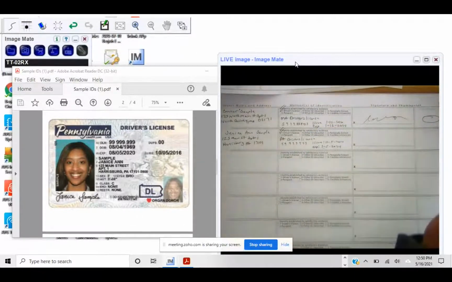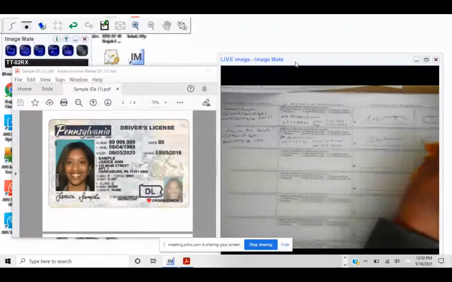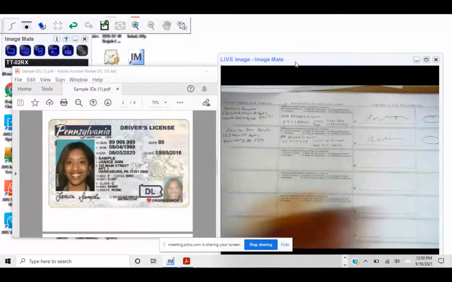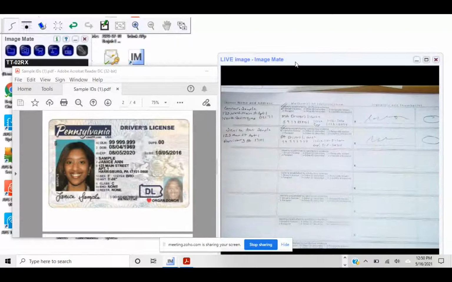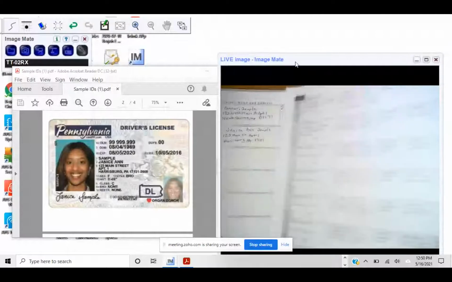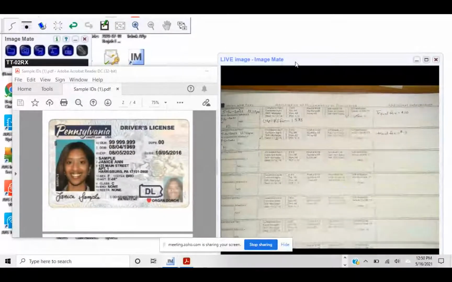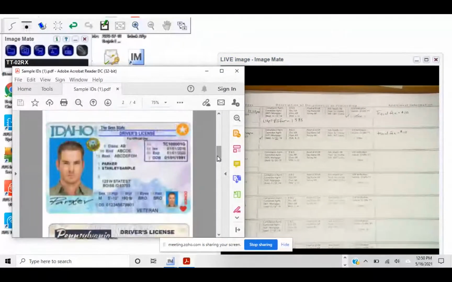All right. Now we're going to have her sign. Ask for the right thumbprint. And then you guys should be done with that part. Now we have to do another entry for our other person. Okay. Our other person in the document is Stanley Sample Parker.